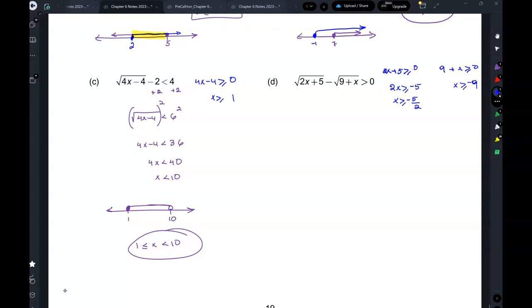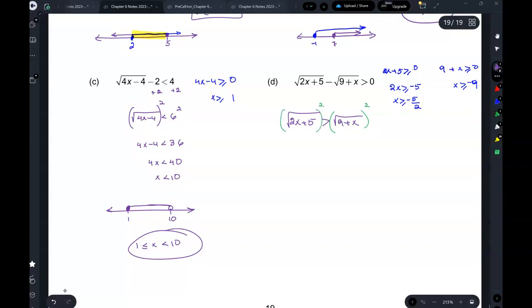Okay, now to solve this, I need to take one of the inequalities to the other side. Remember, it's always more preferred to do that. So root 2x plus 5 is greater than root 9 plus x. It's so much easier because otherwise it's just a mess and you have to do the squaring twice.